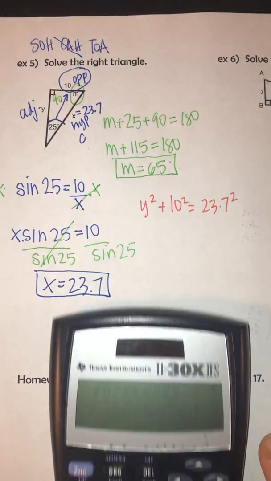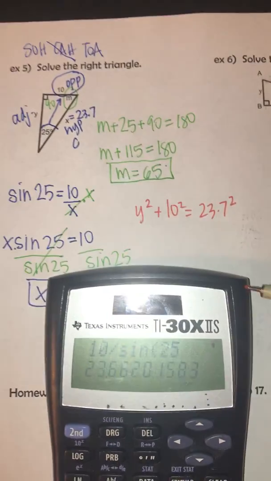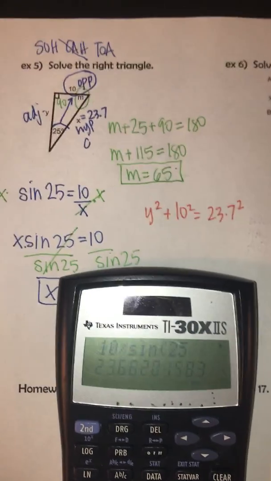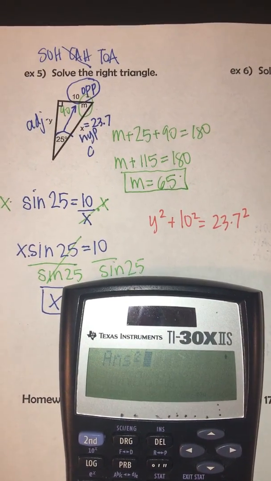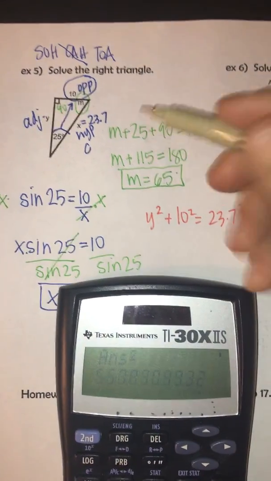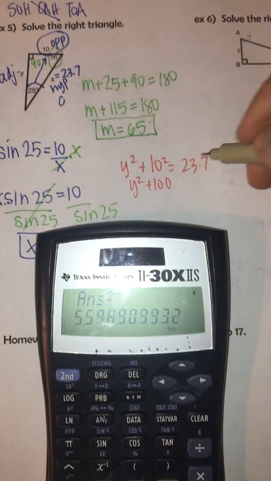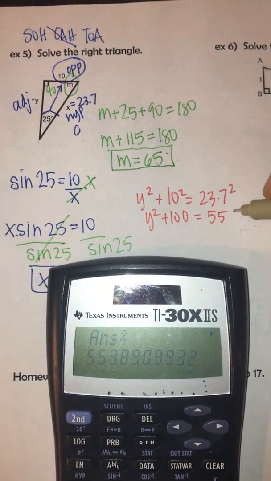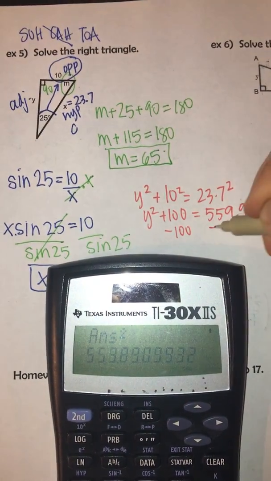Now again, when I do that, I can actually leave this in my calculator to be a little bit more accurate. So a lot of times I don't even take that out of my calculator, I just square it the way it is. I know this is kind of a big number. I know this is 100, but I have like 559.9. So I'm going to subtract 100.